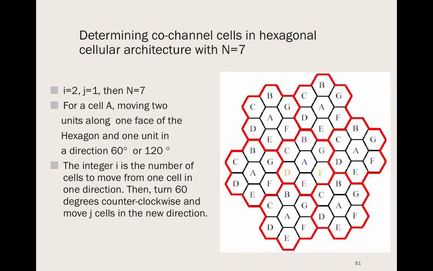This is an example of calculating the co-channel cells. So if i is 2 and j is 1, then N is 7. For a cell A, we move 2 units along one face of the hexagon and 1 unit in a direction of 60 degrees or 120.